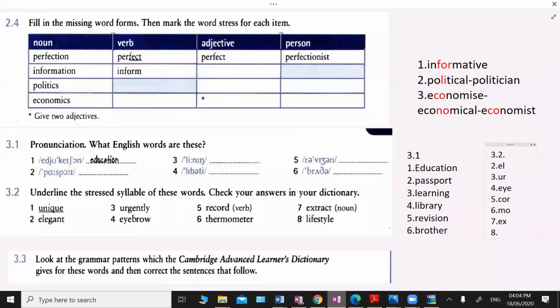So where is stress? Lifestyle. It's L-I-F. Lifestyle, the first part.